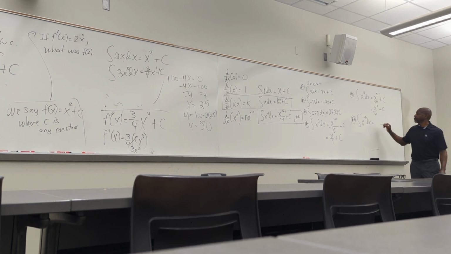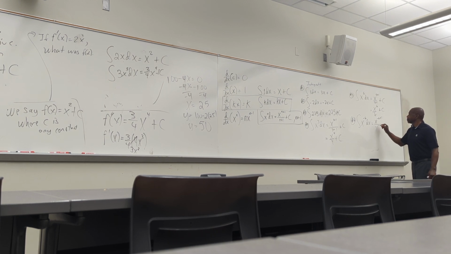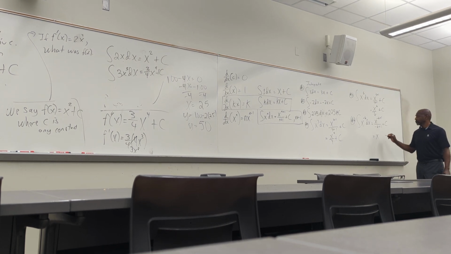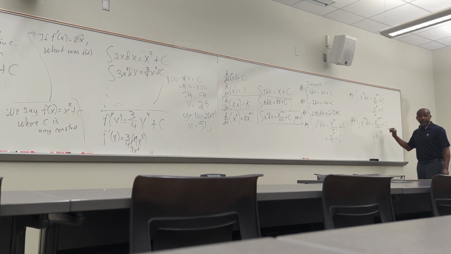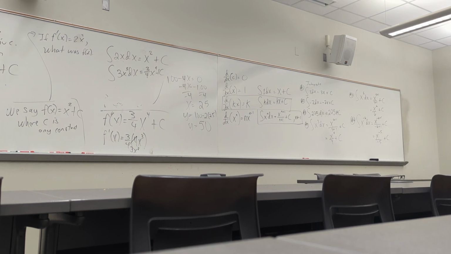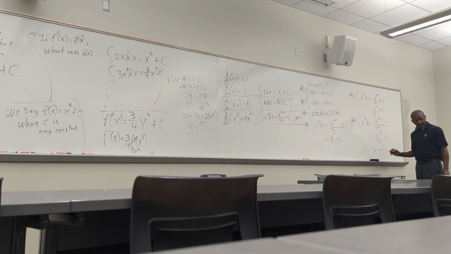X to the negative 6 plus 1, over negative 6 plus 1, plus C. And you get x to the negative 5 over negative 5 plus C. Let's suppose I don't want negative exponents. What will you do, Miss McNamara?